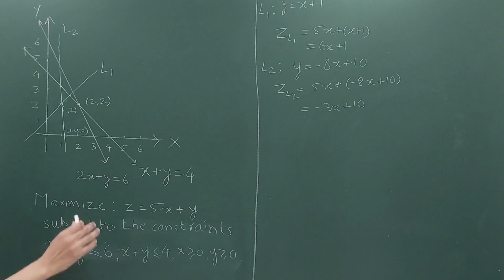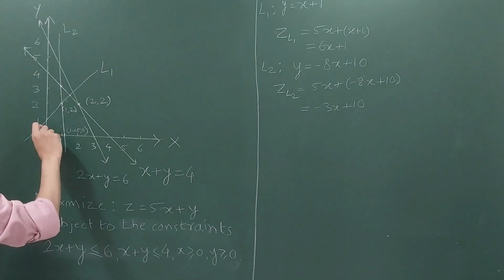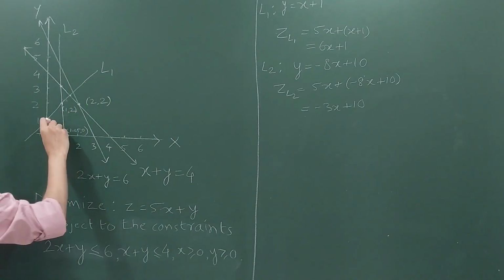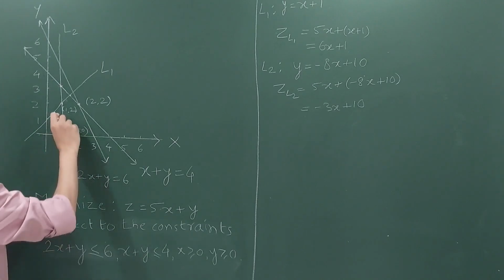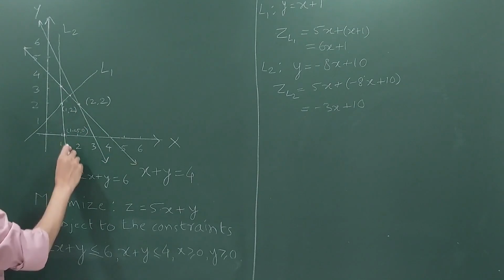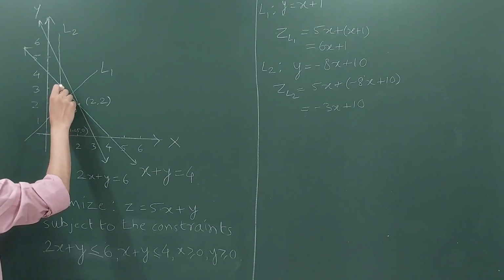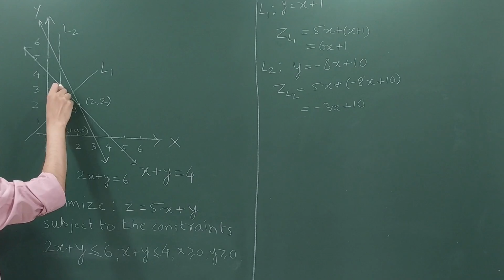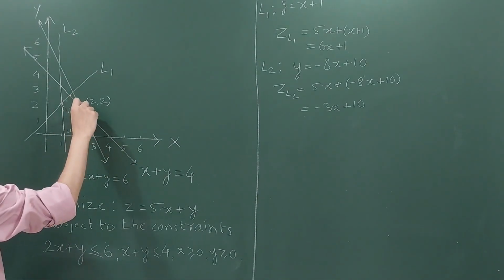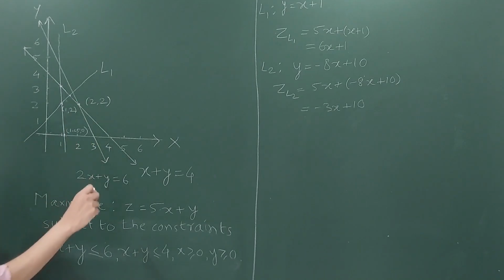So what is the moral of the story? When we considered line L1, the maximum value of the objective function was at this boundary point. When we considered another line L2, the maximum attained was at this boundary point. So you take any line in general, the maximum will always be attained at one of the points lying along the boundary.